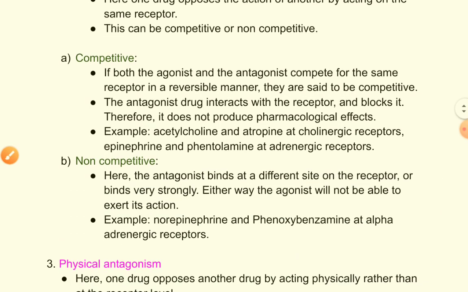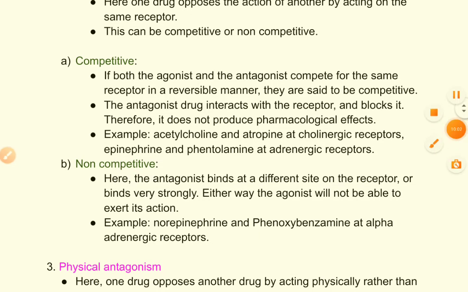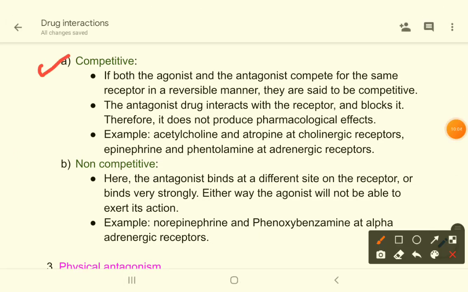Now pharmacological antagonism is further divided into competitive and non-competitive antagonism. Now what is competitive and what is non-competitive? Competitive antagonism: if both the agonist and the antagonist compete for the same receptor in a reversible manner, they are said to be competitive. Now what does that mean?